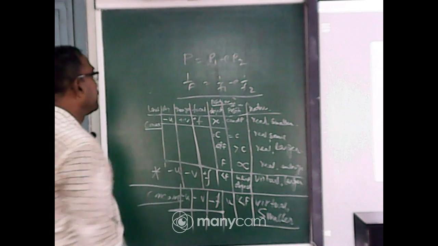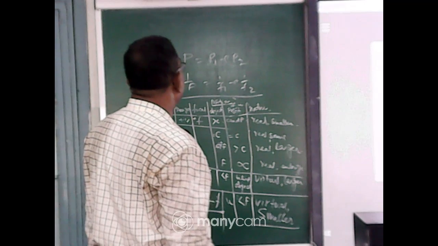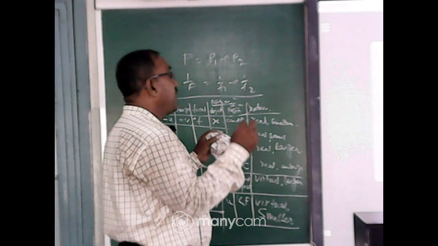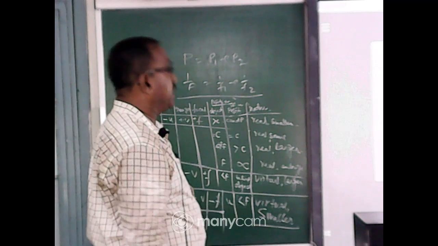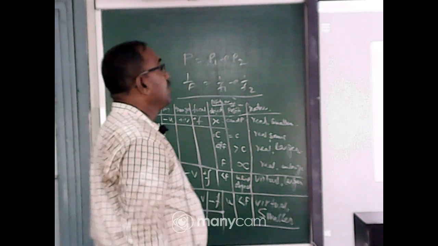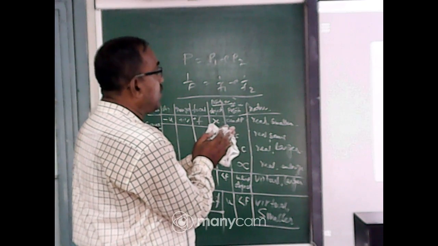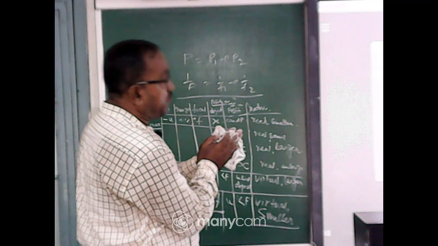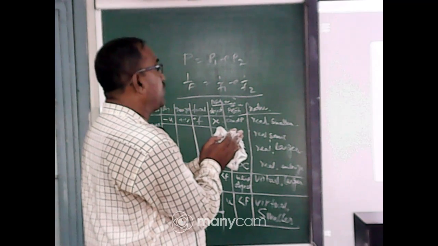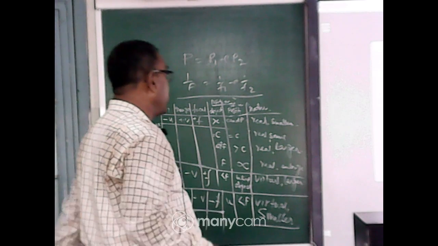Okay. So my dear student, one question from your practical base. If the two lenses, one is concave and another is convex, but those have the same focal length, when they are in contact to each other, what will be the focal length, what will be the power of those lenses?